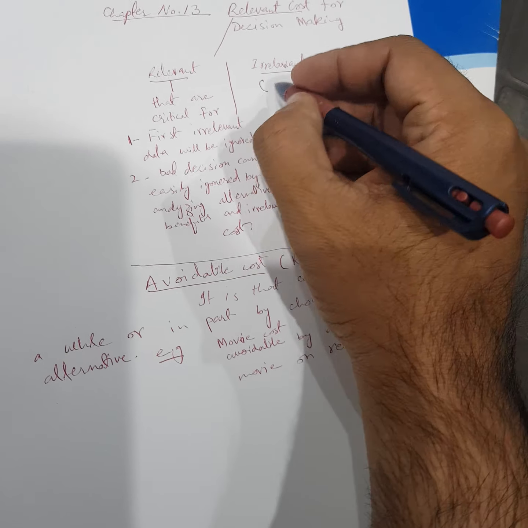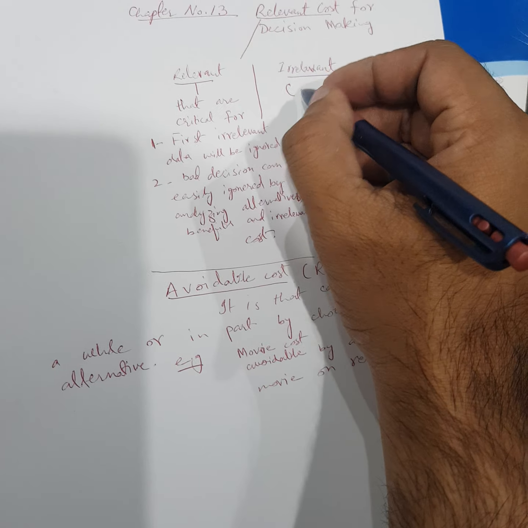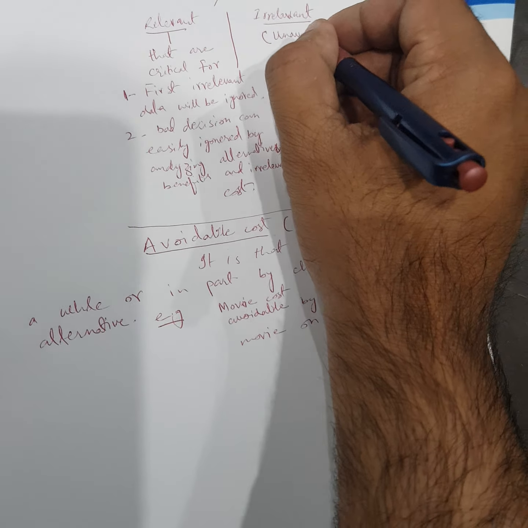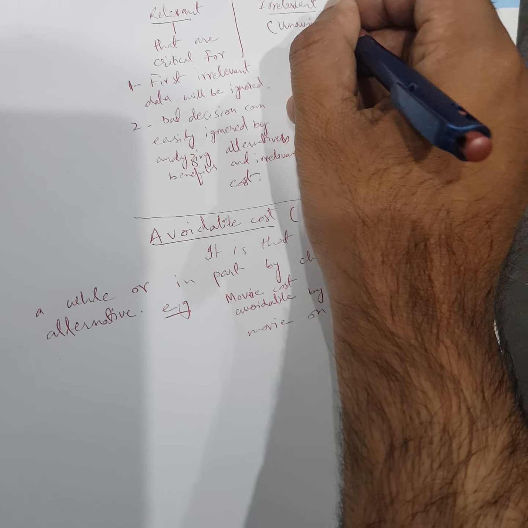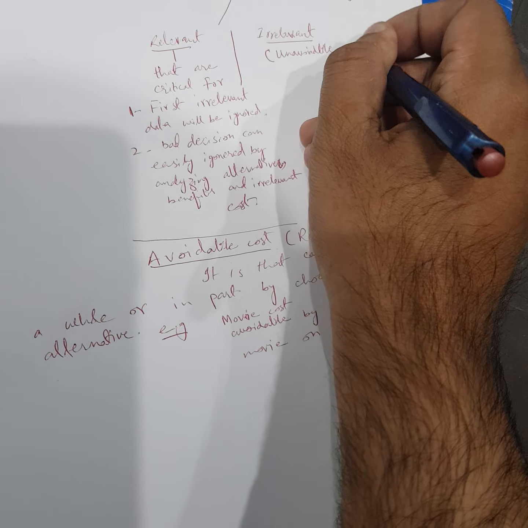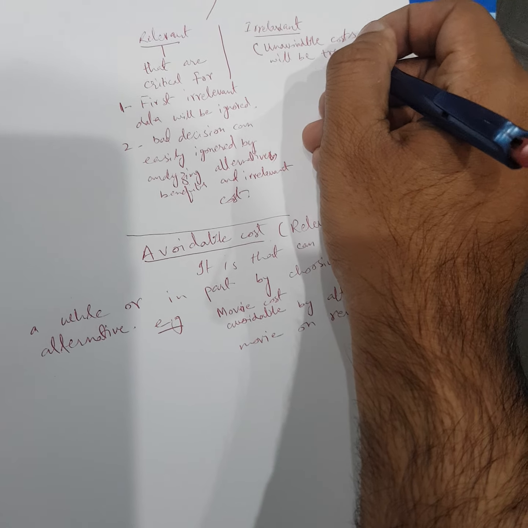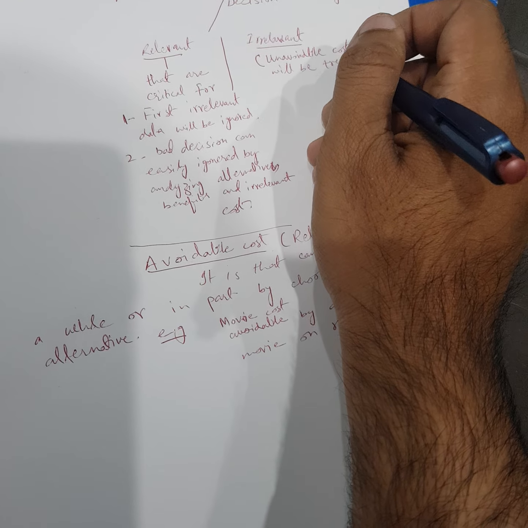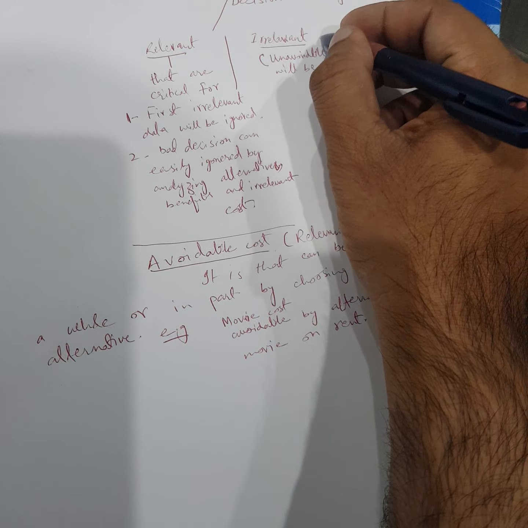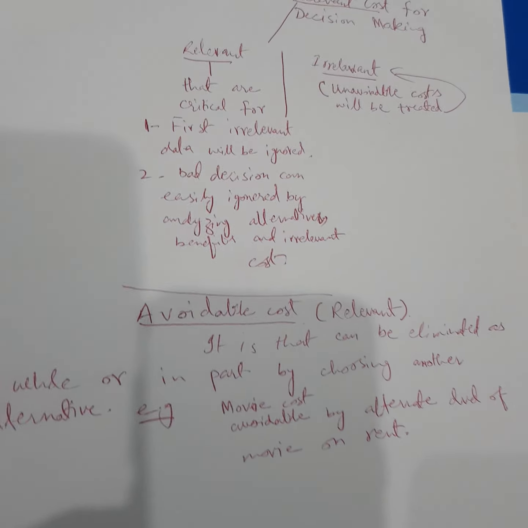In comparison, unavoidable costs will be treated as irrelevant costs that cannot be avoided.